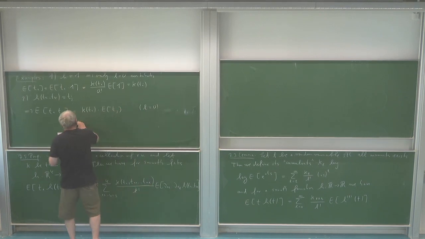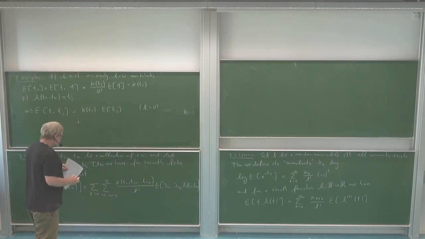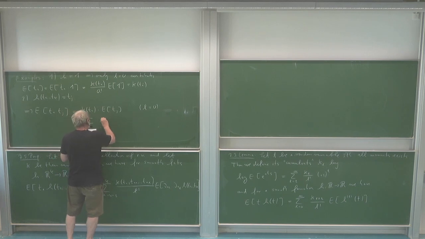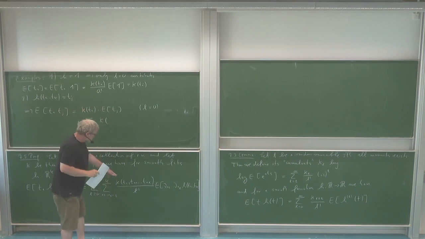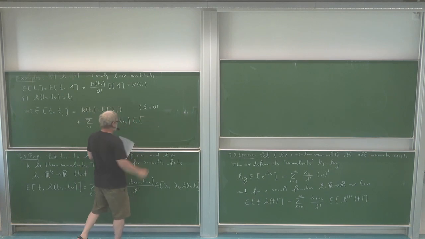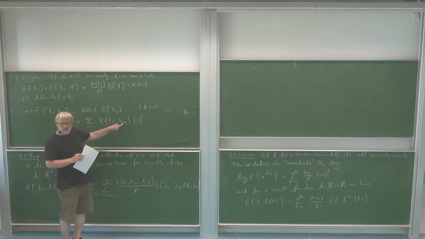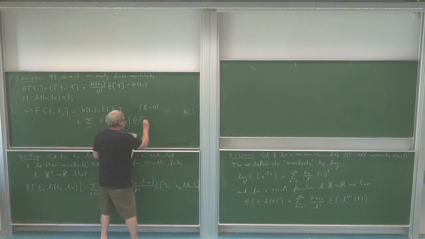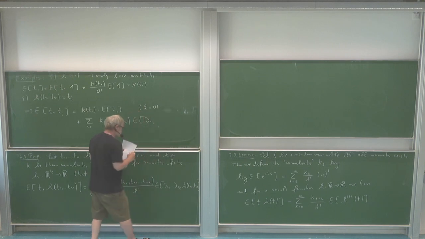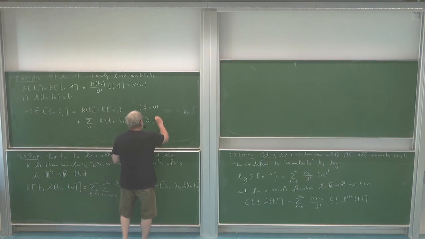But then I also get the L equal to 1 term, and there I'm summing over the i1's, and I get a kappa of Ti and T of i1. Then I take the expectation, and I take the derivative with respect to i1 of my function h, which is Tj.